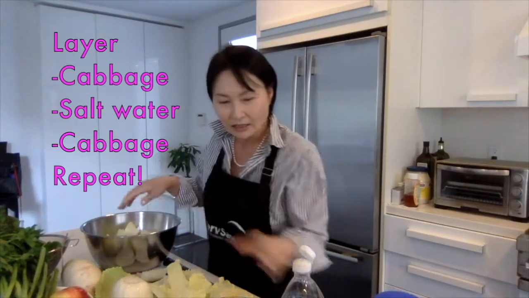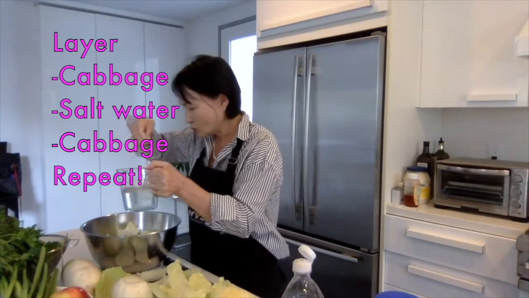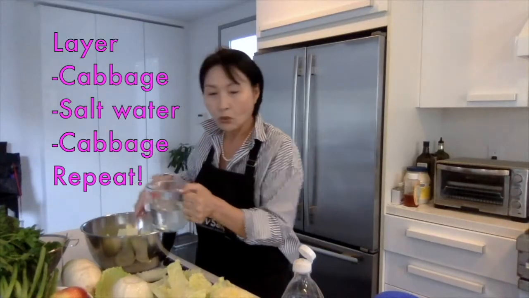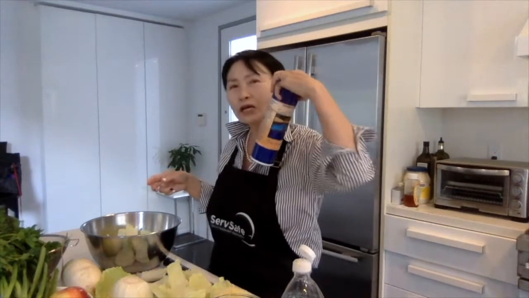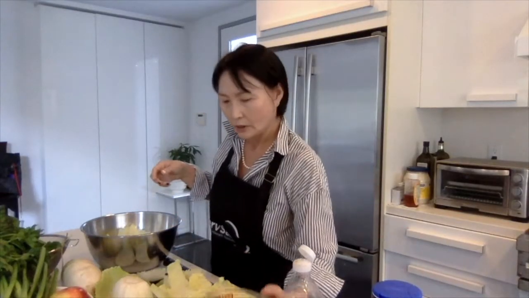Layers of cabbage and then salty water. Now you don't need to do this. You can sprinkle salt as well. We usually use coarse salt, but hey, if you don't have it, just use regular salt. So we Koreans are very easy.